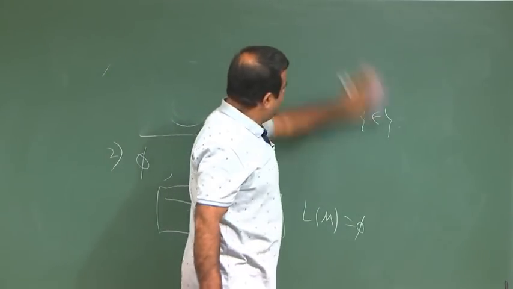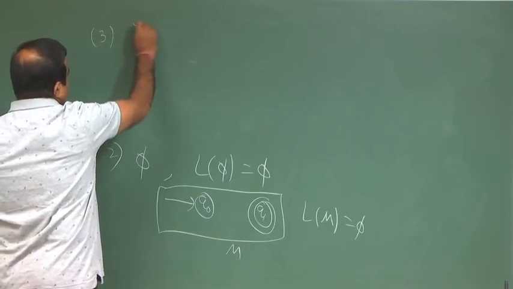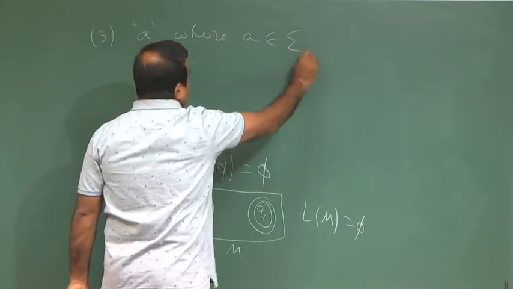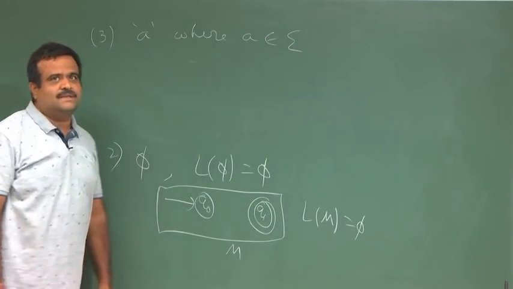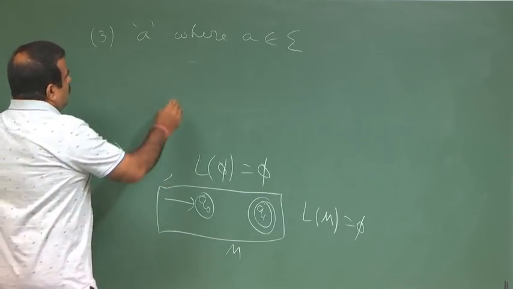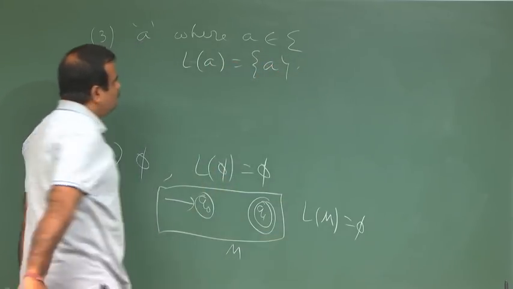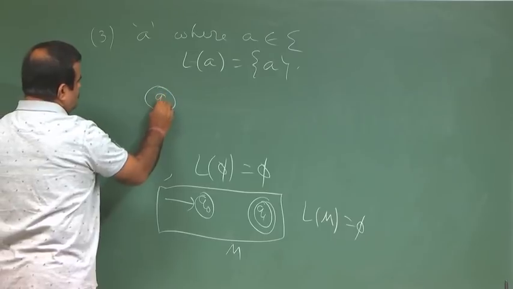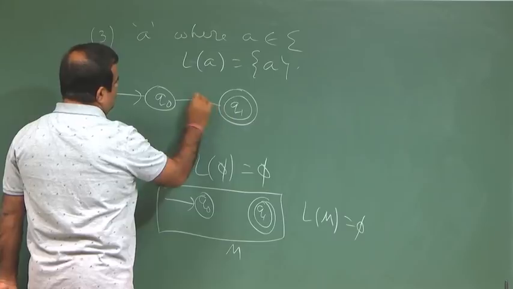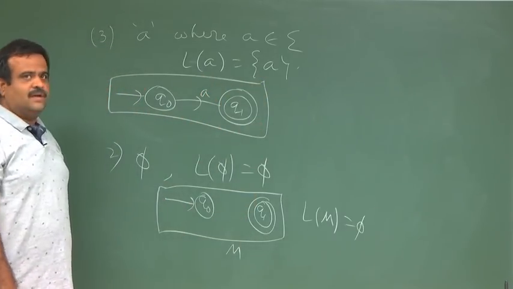Now we have base case number 3, which is the regular expression A, where A is any alphabet symbol coming from sigma, our set of all possible finite alphabet. What is the language of A? The language of A is the singleton set A. Now, what is the automaton? Simple: we start with q 0, q 1 is the final state, and we have a transition on A. This is an NFA, in particular an epsilon NFA.